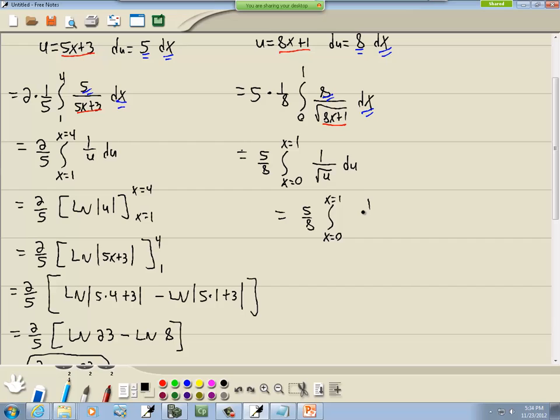And that's 1 over u to the 1/2 du. But we want that up on top because we want u to a power. So remember, you take something opposite of where it's at in a fraction, the sign of the exponent changes. So I take that u to the positive 1/2 up on top, it becomes u to the negative 1/2 du.